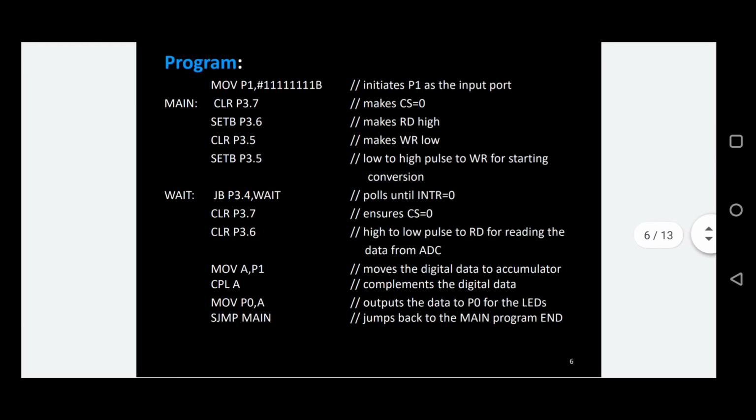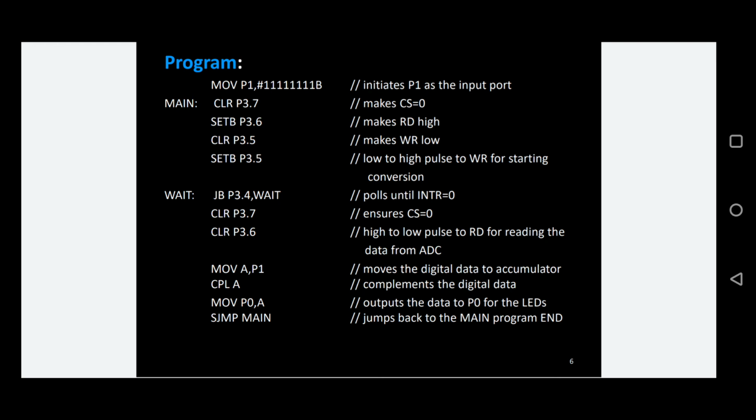So we ensure interrupt equal to 0. If interrupt equals 0, the conversion is already finished. And again the instruction CLR P3.7, that is, again we ensure CS equal to 0, and CLR P3.6, so that we send a high to low pulse to read for reading the output data. So up to this instruction, these are the conversion mechanism.